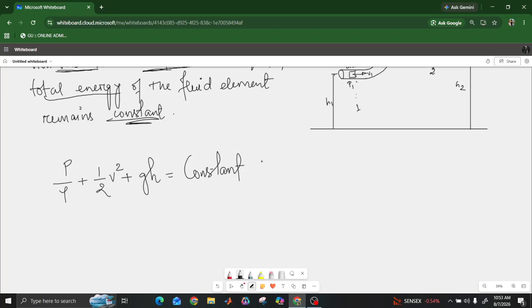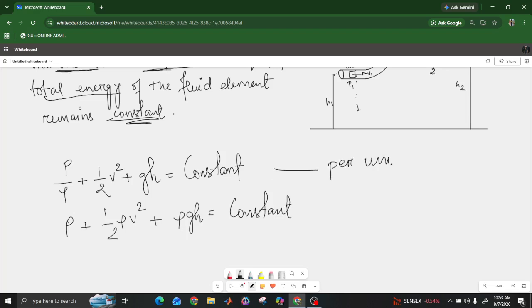So we have written it in terms of per unit mass. If I write in terms of per unit volume, it is P plus half rho V square plus rho GH is equal to constant. So this is per unit mass and this is per unit volume.